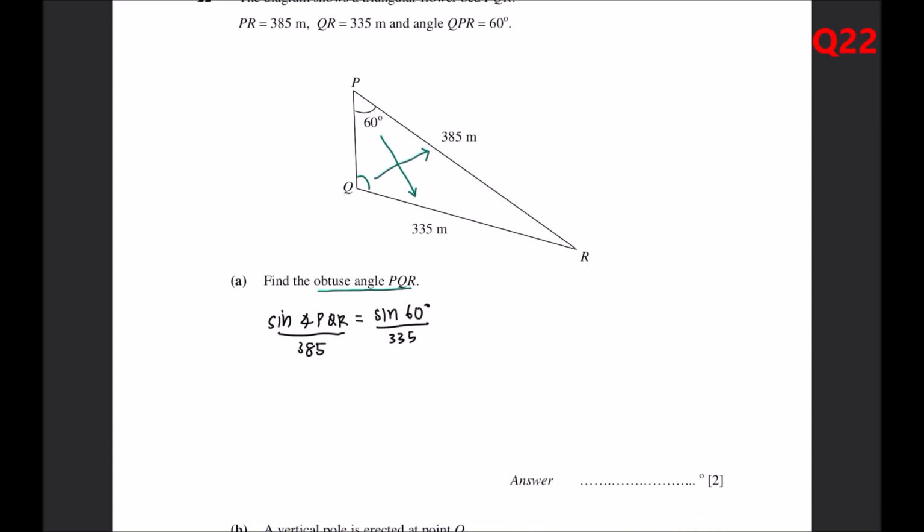Then to find sine angle PQR, you have 385 sine 60 over 335. Then angle PQR is sine inverse of 385 sine 60 over 335, which will give you 84.430.